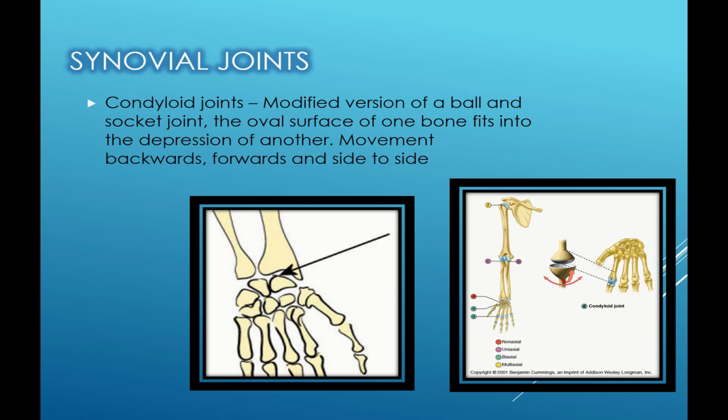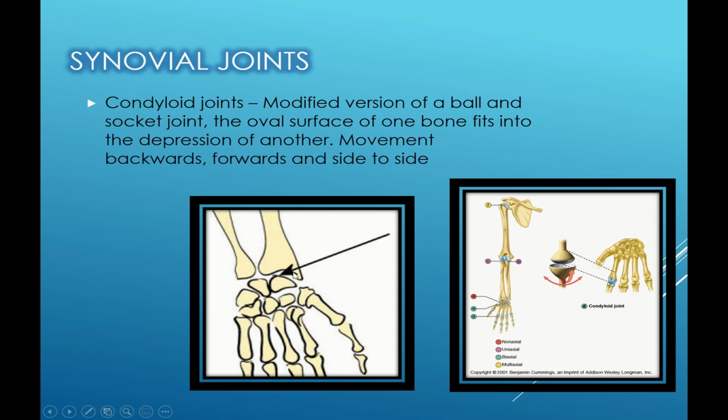So here the examples are going to be the carpals, as you can see here. Alright, so we've got the carpals, but not in between the individual carpals. This is where the carpals meets the radius. So you can see here the radius has that oval shape, the depression of one, and the oval shape of the carpal fits into that depression.